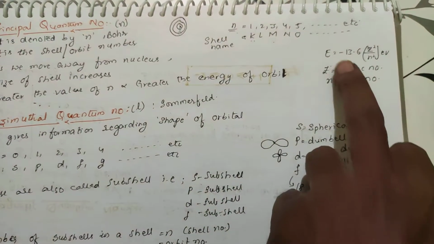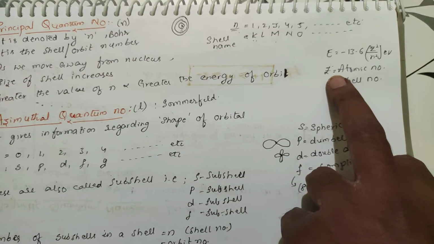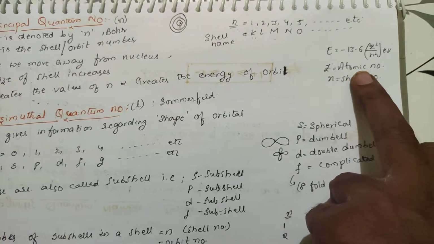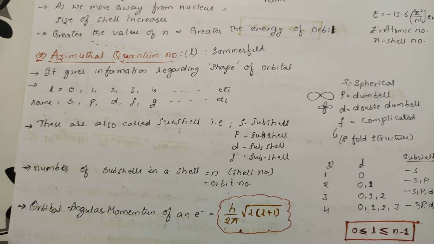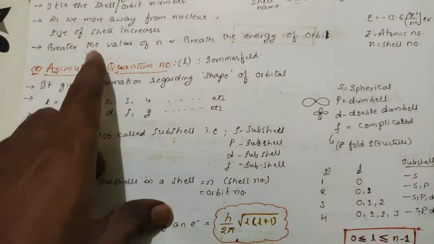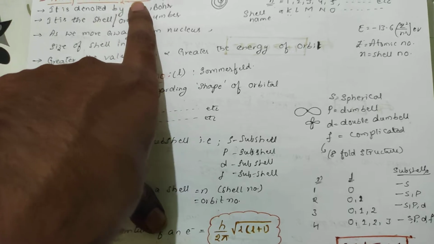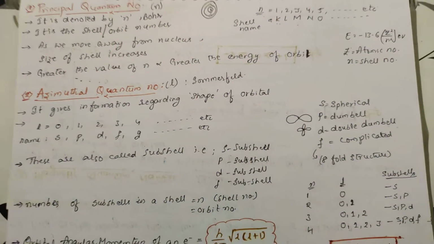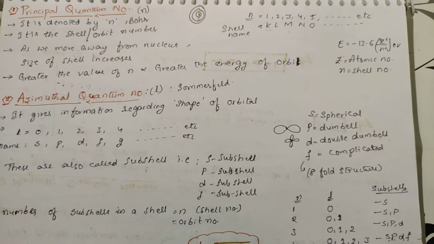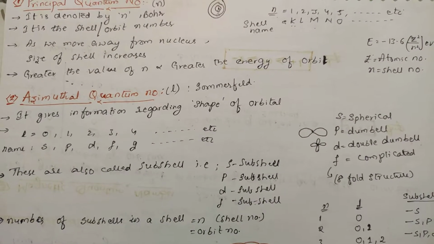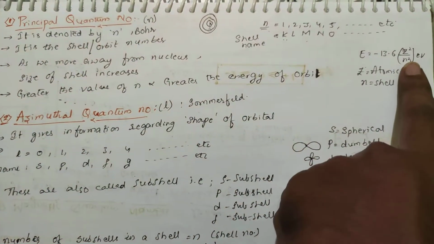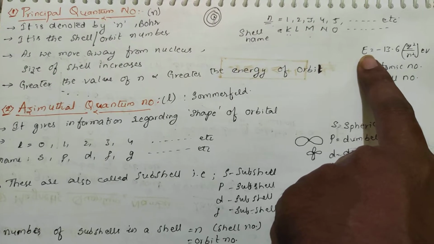You will calculate the energy value by using this formula, where Z is the atomic number and n is the shell number. What can you calculate by using the principal quantum number? Based on n you can calculate energy.